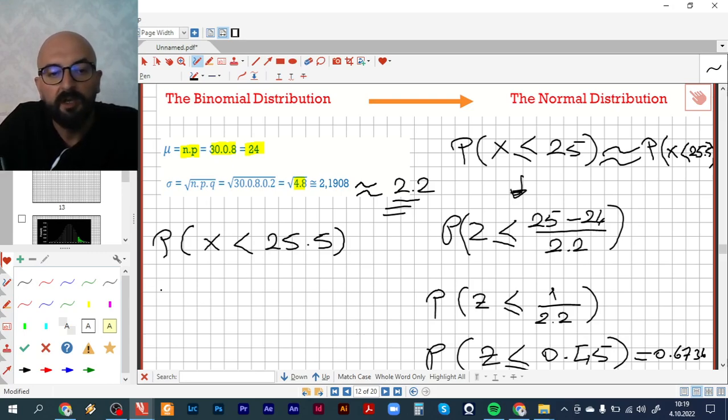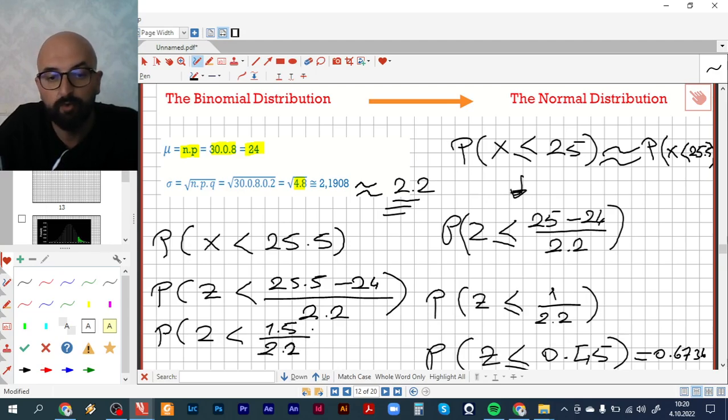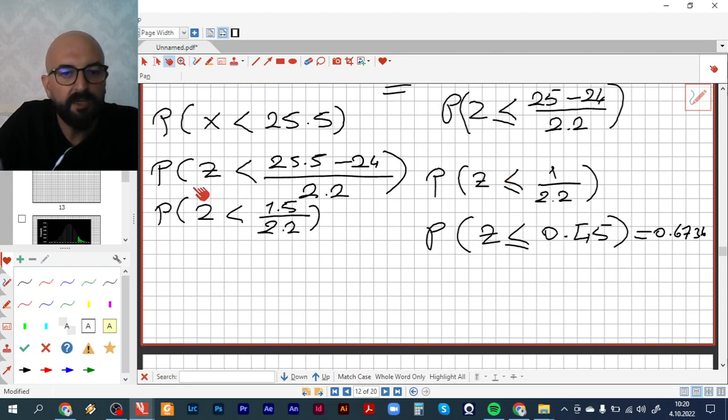We have to transform that value: less than 25 minus mu over the standard deviation, 2.2, and the probability z less than 1.5 over 22, approximately.